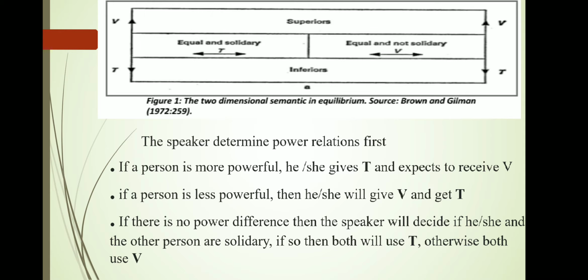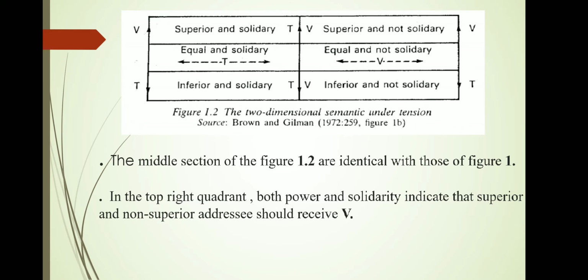However, these power and solidarity can conflict. For example, parents and children could be more solidary. So mutual T will be used, okay?